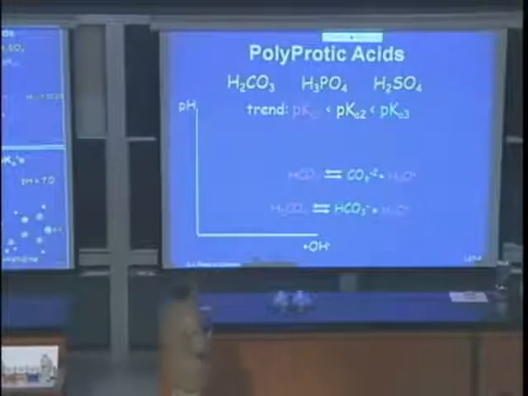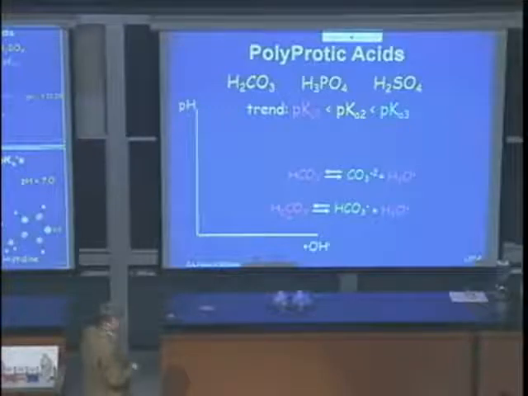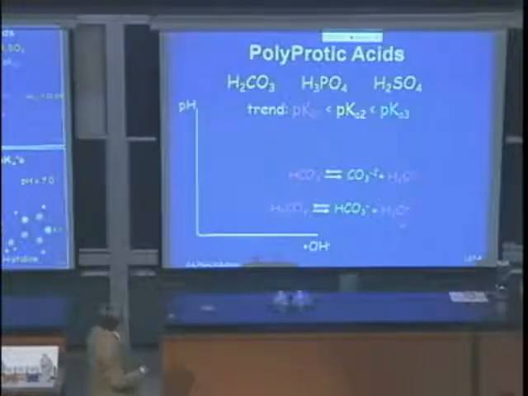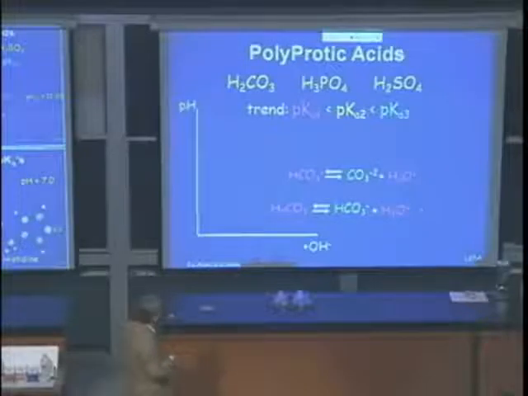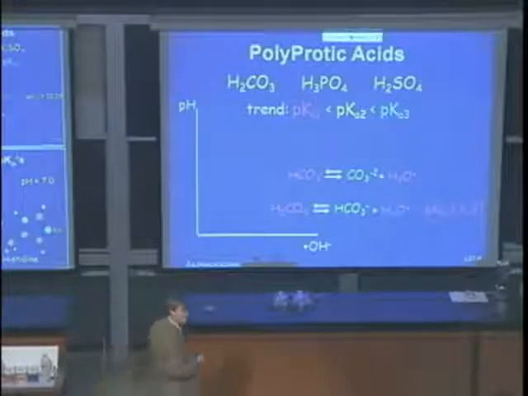So let's look at this here, and I was lazy again, but now I was only half lazy. So I didn't write H2O here. So carbonic acid, H2CO3, plus H2O gives HCO3 minus plus hydronium ion, H3O plus. So that's the first one, and that pKa is 6.37, or 10 to the minus 6.37 is the Ka.